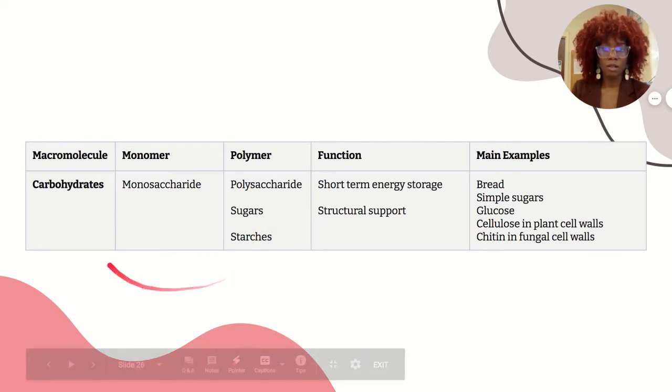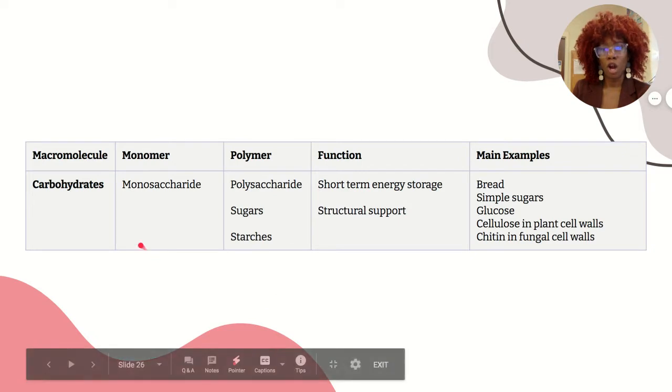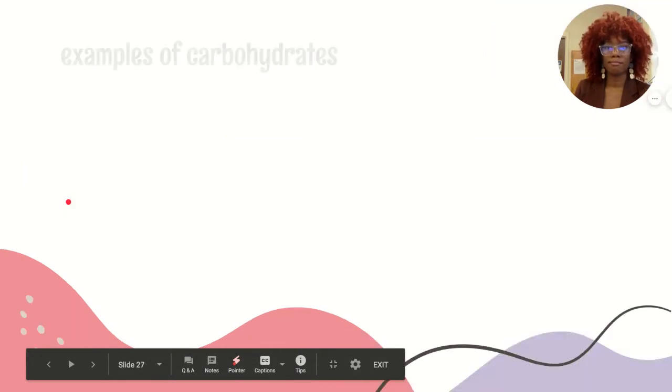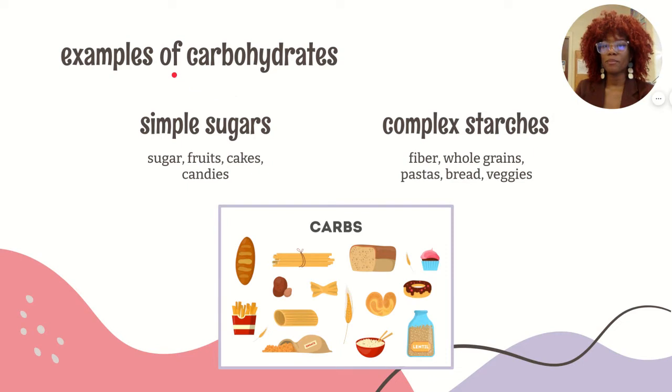Sugars and starches, carbohydrates. If energy is needed quickly in the short term, carbohydrates. Or if we're talking about structural supports like cellulose and chitin, carbohydrates. Examples of carbohydrates are simple sugars and complex starches.